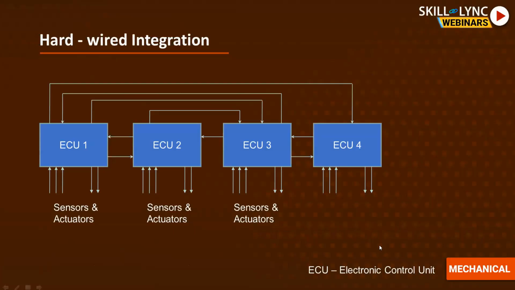So in this slide, you can see a hardwired integration of the ECUs. I told you, right? ECU, electronic control units. So suppose we have four control units here: ECU1, ECU2, ECU3, and ECU4. Now you can see every ECU is connected to each of the other ECUs. What all problems can happen? Suppose I need something on priority. Suppose my vehicle is going to crash.